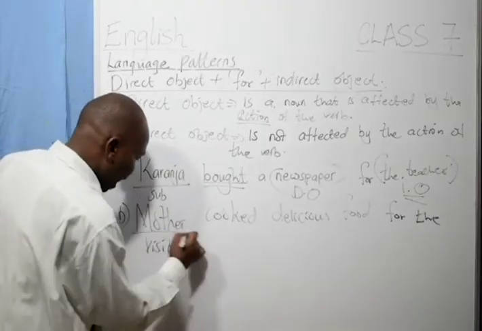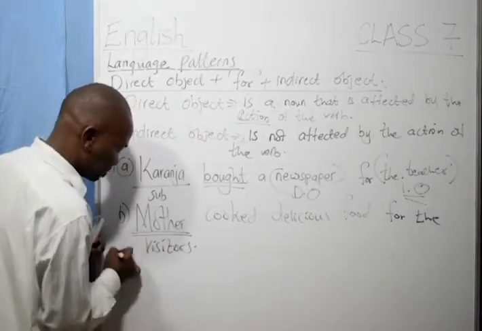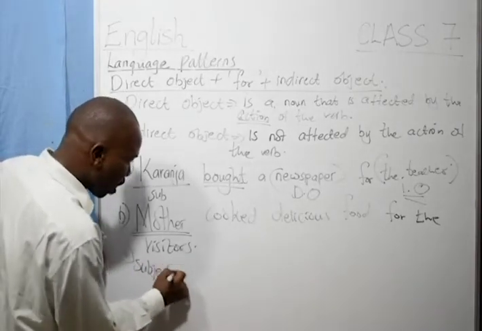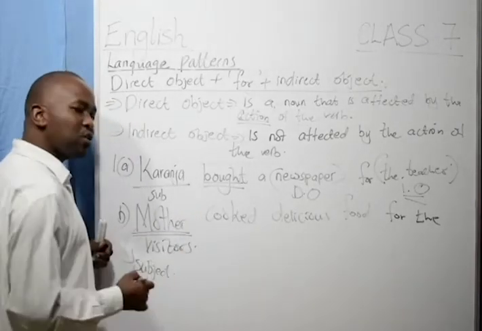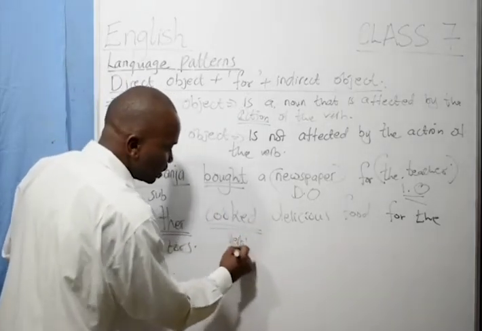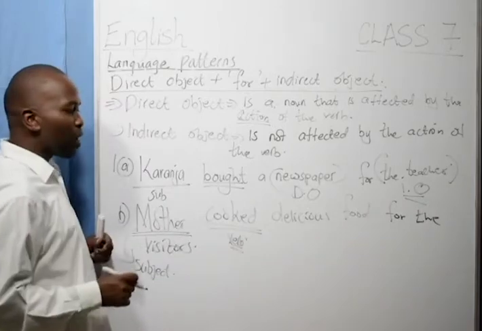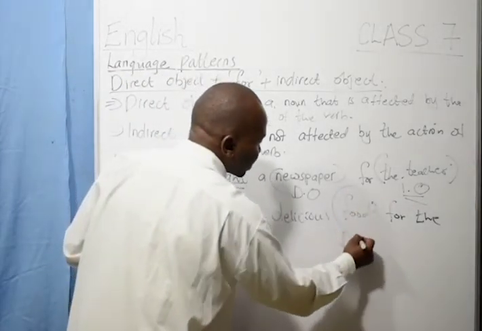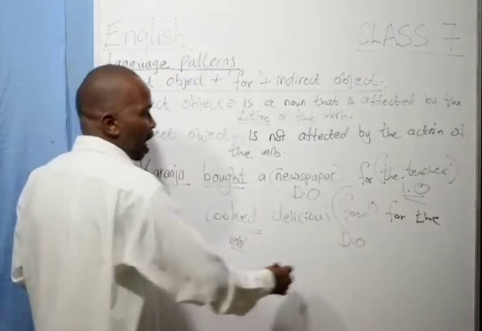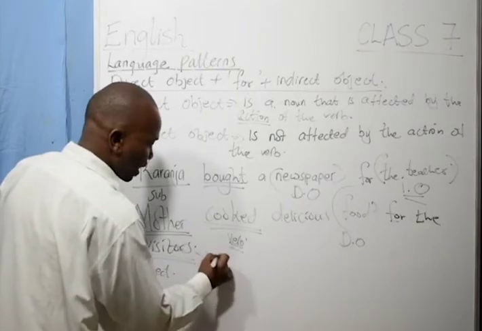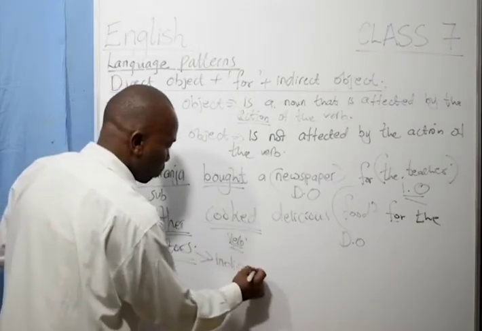We have mother. Now, mother becomes the, very good, the subject. Now, the subject is the doer of the action. What did mother do? Mother cooked. This is the verb. So, what is affected by the word cooked? It is the word food. So, food becomes a direct object. For the visitors. Now, the visitors become the indirect object.